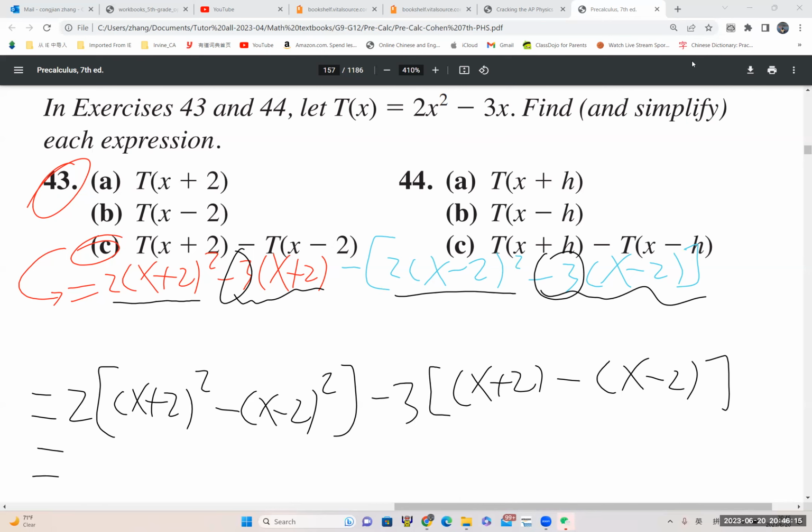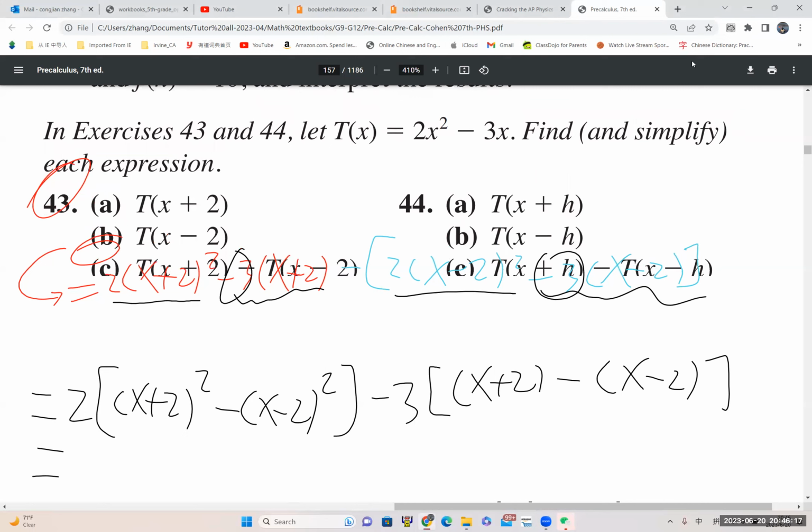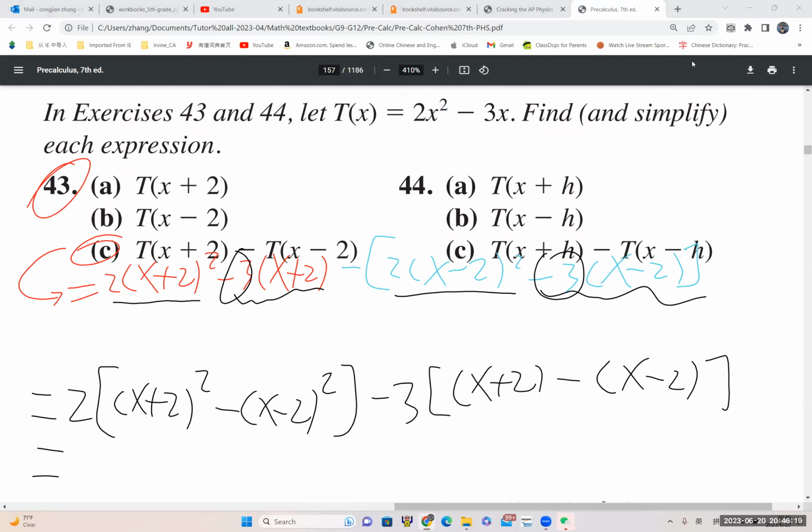You know, we have a formula: a squared minus b squared equals a plus b times a minus b, right?